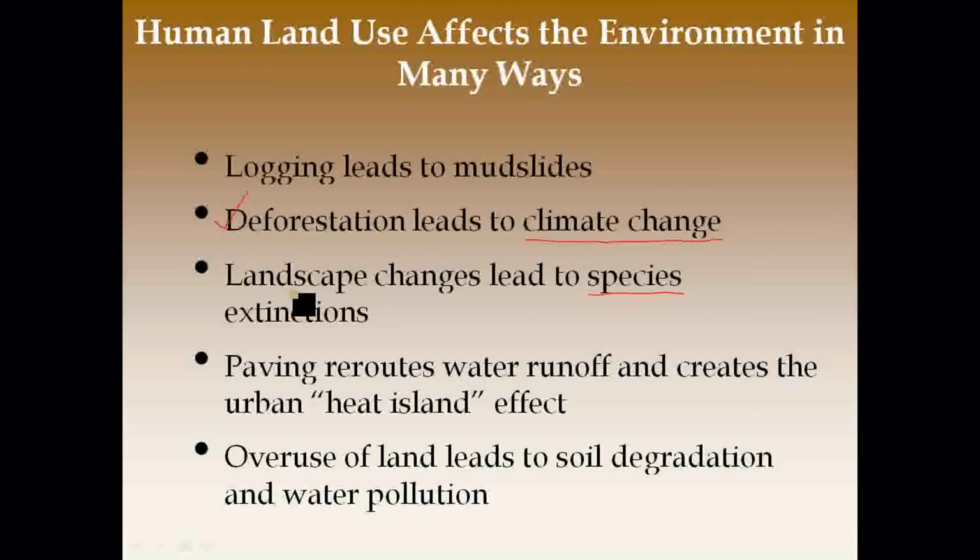Paving can be a big problem when it comes to our environment, because all of that pavement, all of that concrete reroutes water, and runoff can happen in an unnatural way. In fact, you'll notice that whenever we design a city, one of the most important things that we do is figure out ways that we can reroute the water so it doesn't cause flooding in areas that we like.